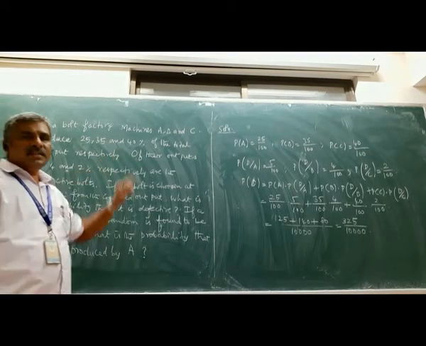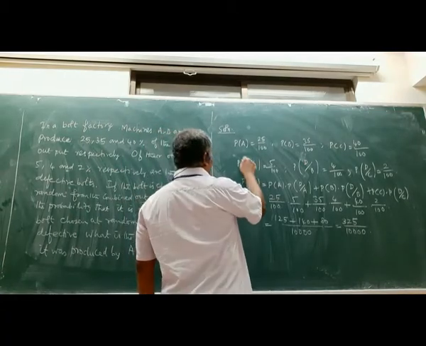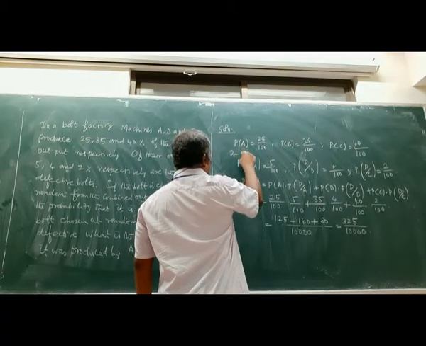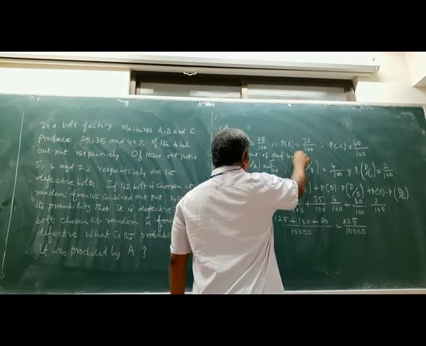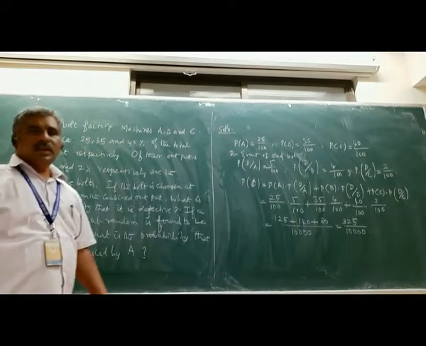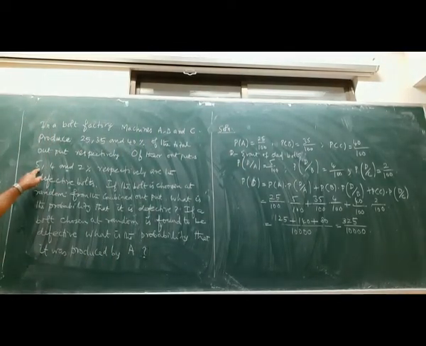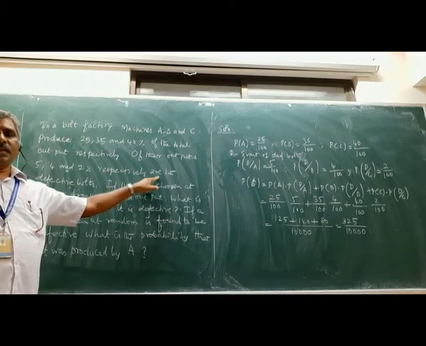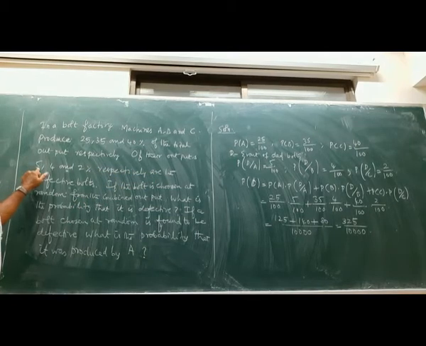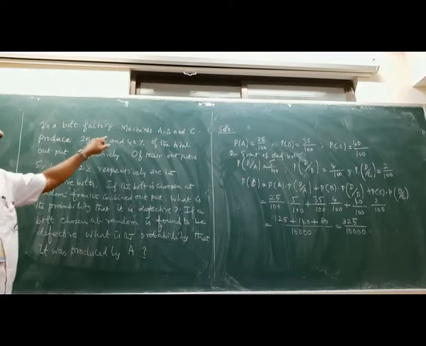D is the event of defective bolts. Here it is given that 5%, 4% and 2% are the respective defective bolts. That means 5% of the items produced by machine A are defective, 4% of the items produced by machine B are defective. Similarly, 2% of the bolts produced by machine C are defective.